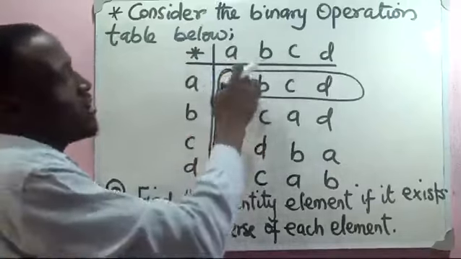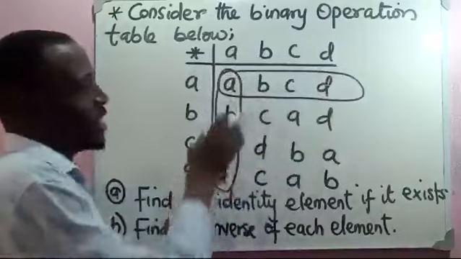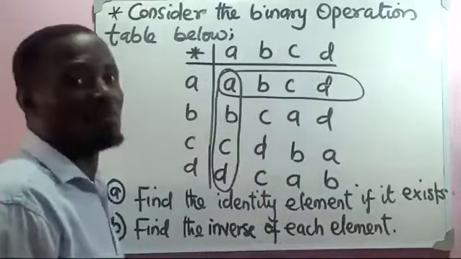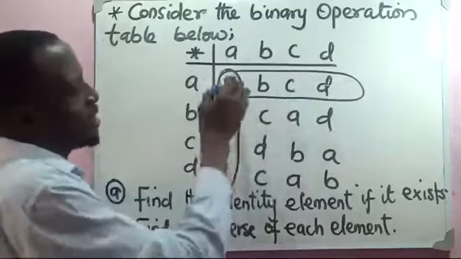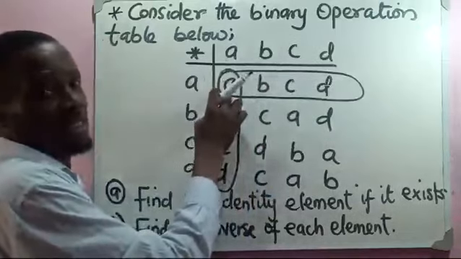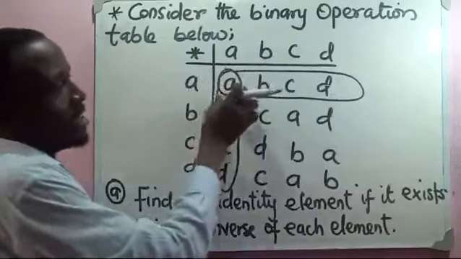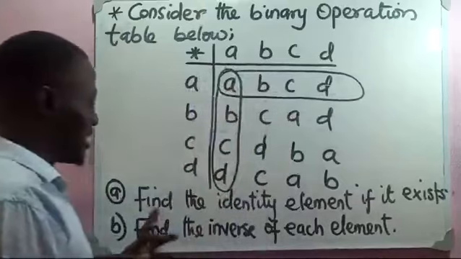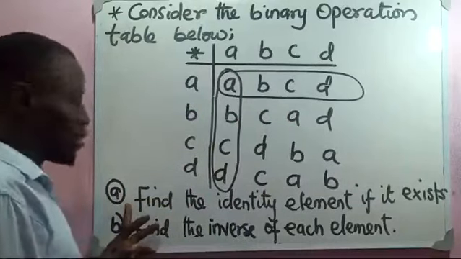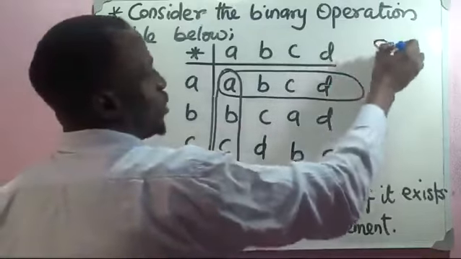Now, where this and this meet is called the identity element. Where the two of them are meeting, the two of them are meeting at point A. Are you getting? The two of them are meeting at point what? A. Therefore, that is your identity element, which is the answer to question A. Alright, I'll now say solution.